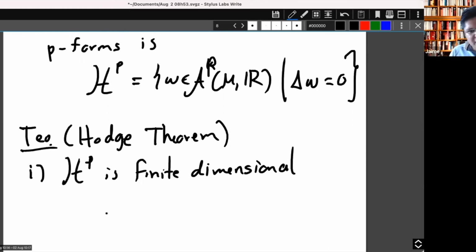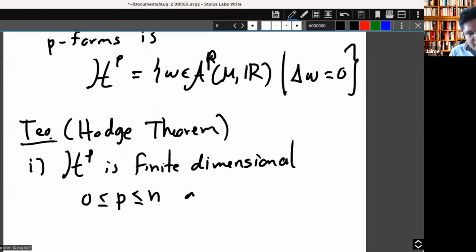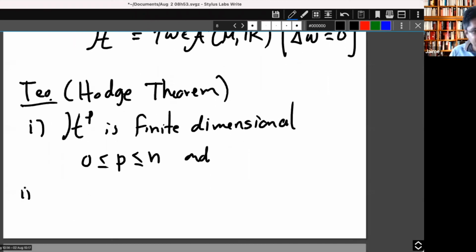The space is finite dimensional for any p between 0 and n. And more importantly, well, both things are important for us. The second part of the theorem is that, okay, I'm not gonna have a space here, so I'm gonna erase this part here.